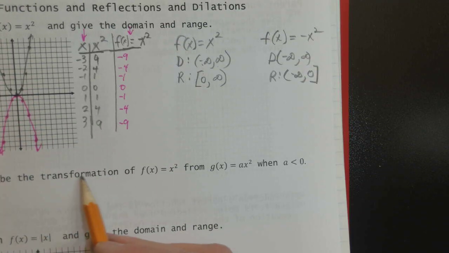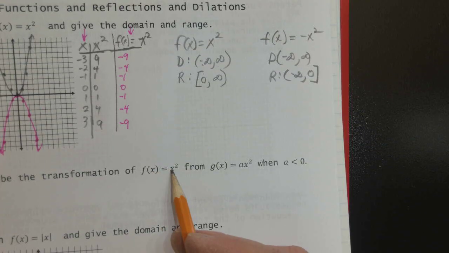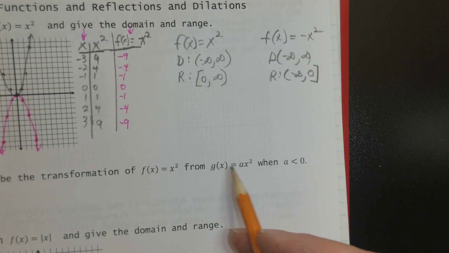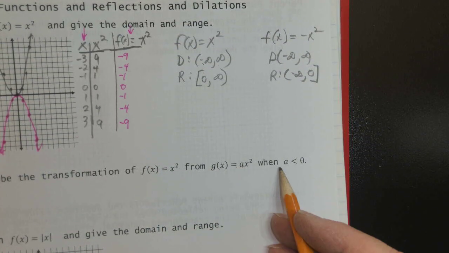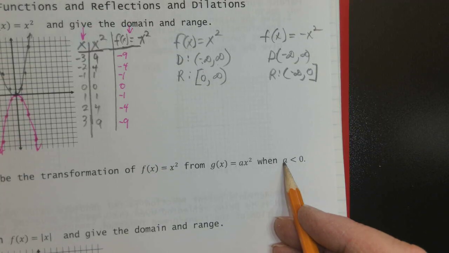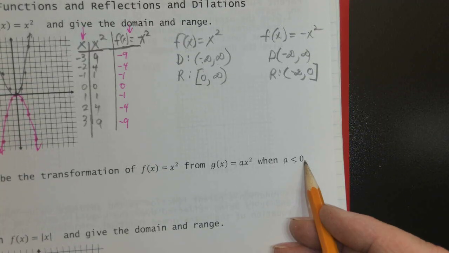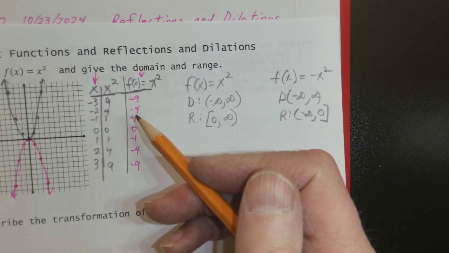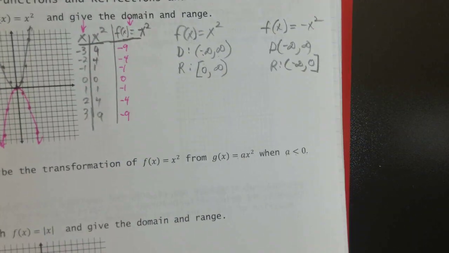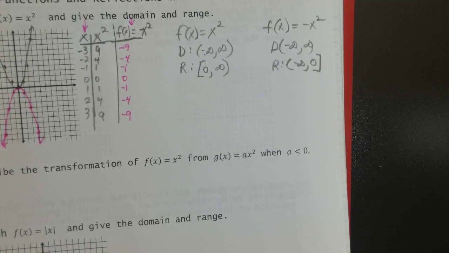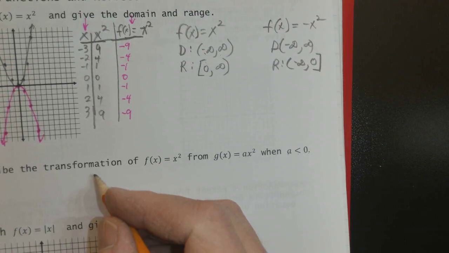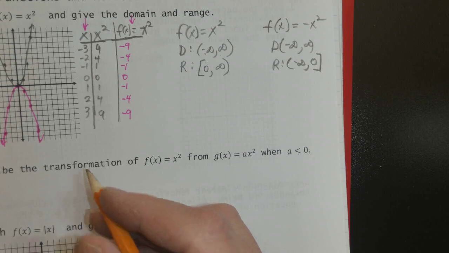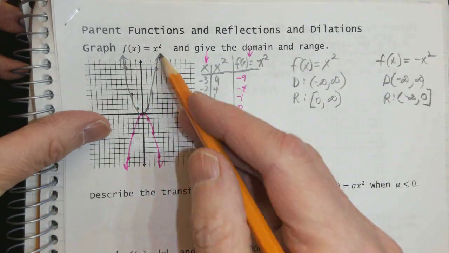Now, it says describe the transformation of f of x equals x squared from g of x equals ax squared when a is less than 0. I put a negative here, so I put like a is negative 1. Describe the transformation. What happened here?